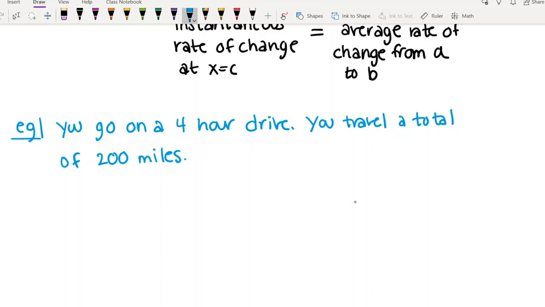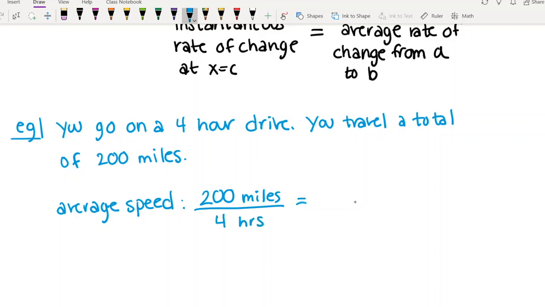So what would your average speed be then? Let's say you're on a really straight, boring highway that just keeps going in a straight line forever, so we're not worrying about going forward or backward. We're just thinking about speed or velocity in one direction. So your average speed would be 200 miles over 4 hours, which is 50 miles per hour.